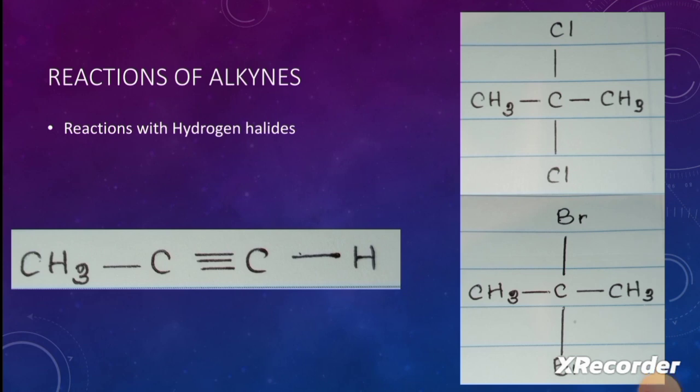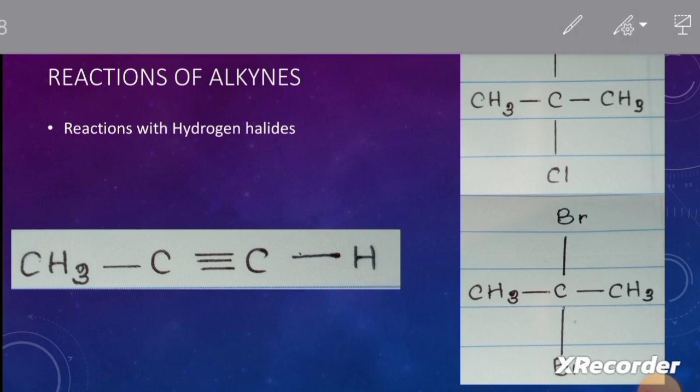First of all, we will discuss reactions with hydrogen halides. Here we are going to discuss three hydrogen halides: HCl, HBr and HI. When you add a hydrogen halide to a triple bond, this alkyne turns into an alkyl halide.